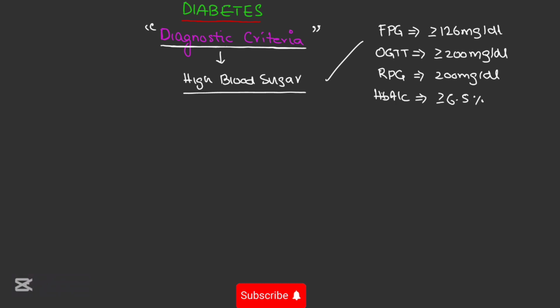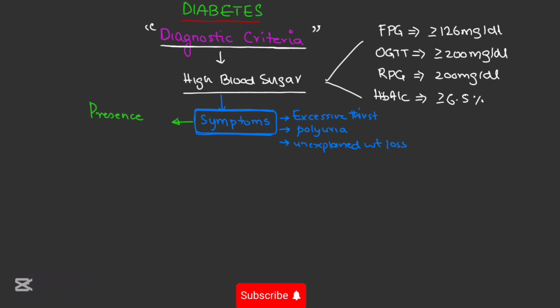Now the second step in the diagnosis after a high blood sugar is the presence or absence of symptoms of hyperglycemia. And these symptoms include excessive thirst, frequent urination or polyuria, unexplained weight loss, polyphagia, excessive fatigue. All of these are the classic symptoms of hyperglycemia.